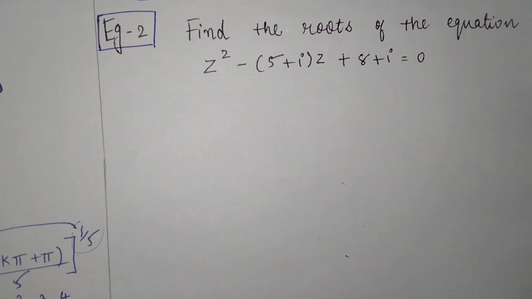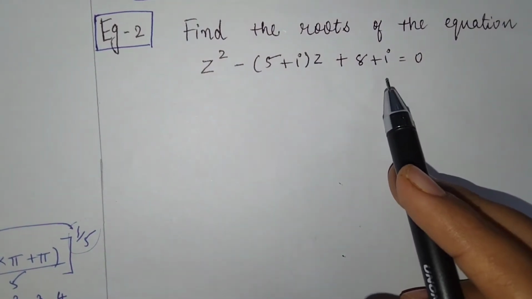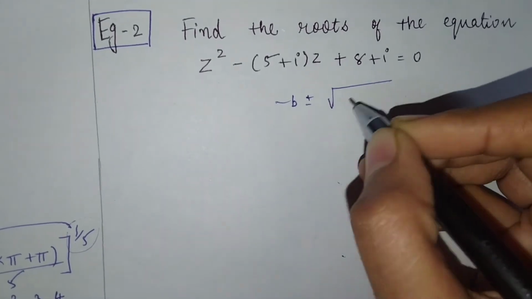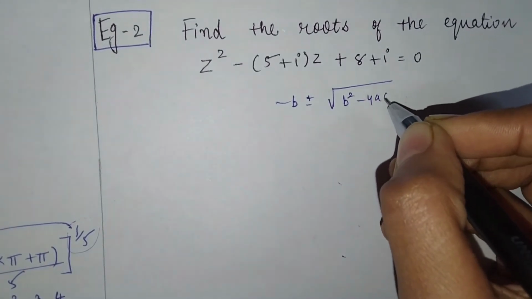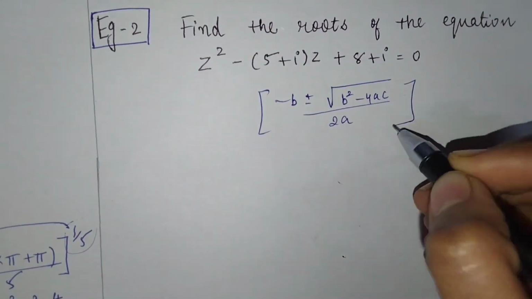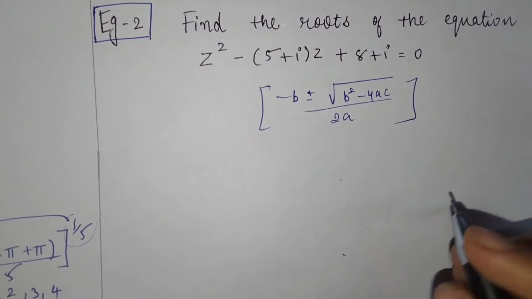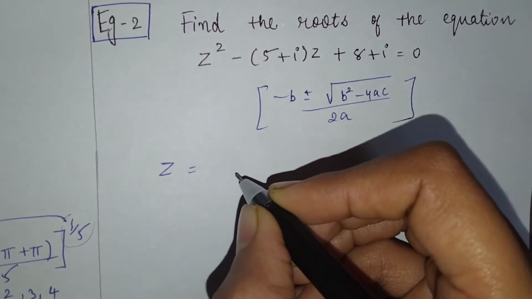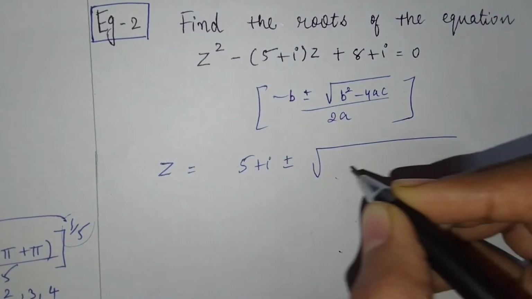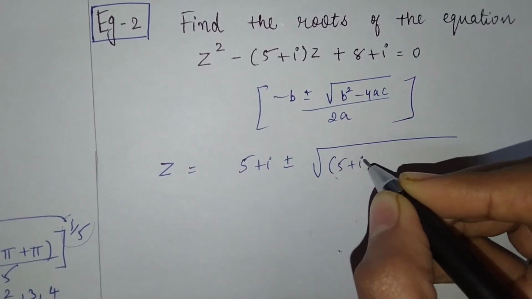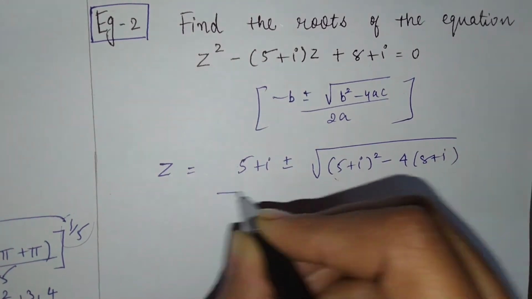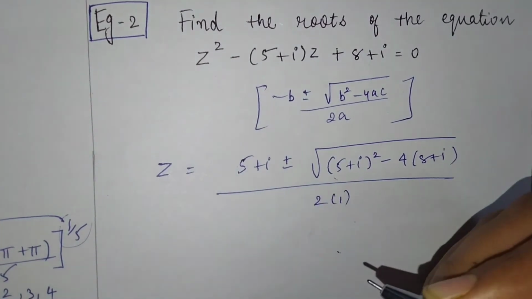Whenever you are given such type of equation, you can use the formula minus b plus or minus square root of b^2 minus 4ac, upon 2a, to find the roots.